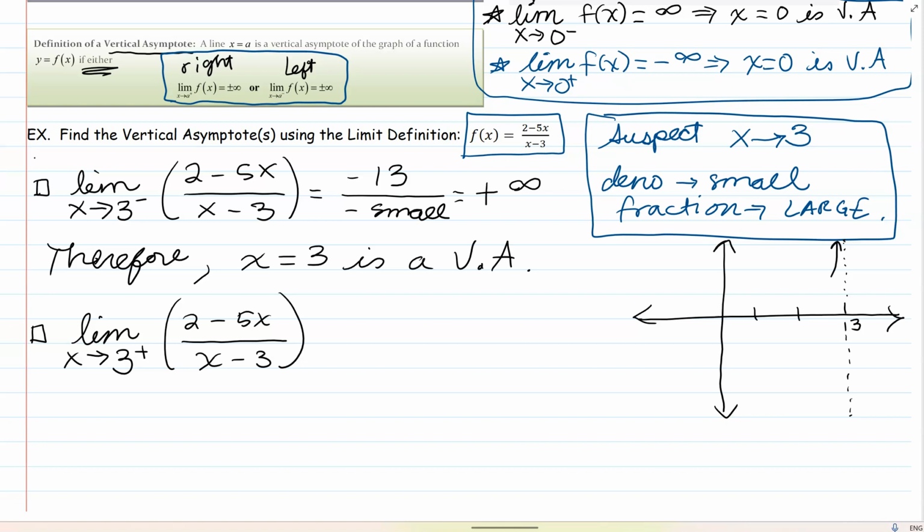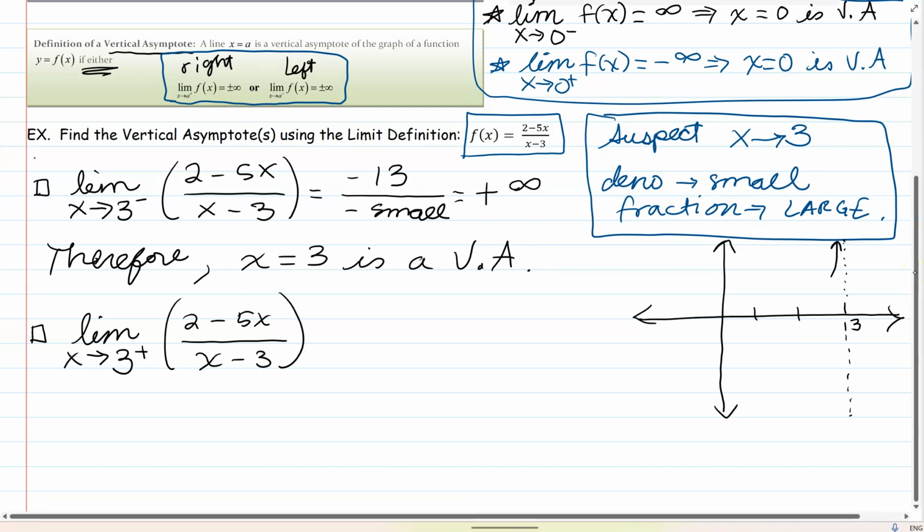Okay, so in terms of studying the vertical asymptote, we know x equals 3 is one, but it would be nice to know what happens on the right-hand side. So let's take the limit as x goes to 3 from the right.